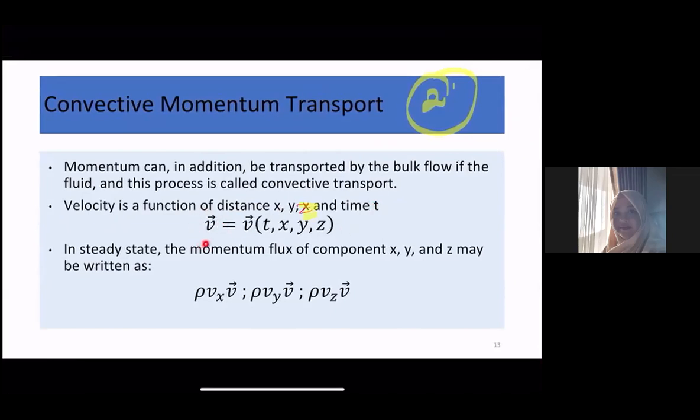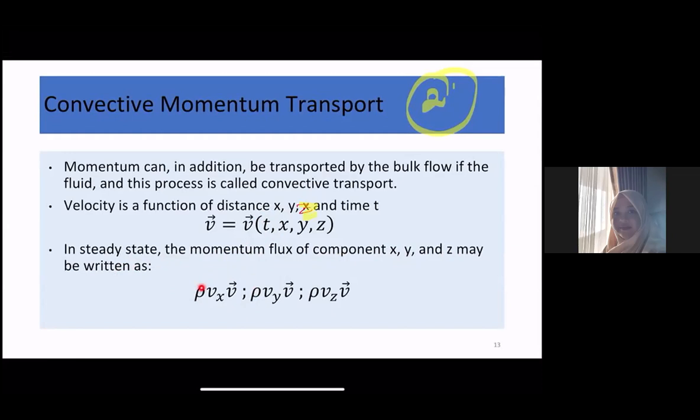This is a vector: the velocity vector is a function of time, x, y, and z. And if we consider a steady state, which is not a function of time, then the momentum flux can have components in x, y, and z, and that should be written as this one.